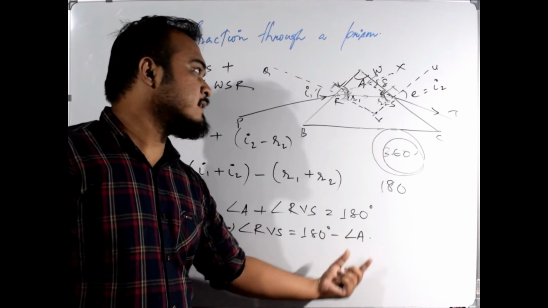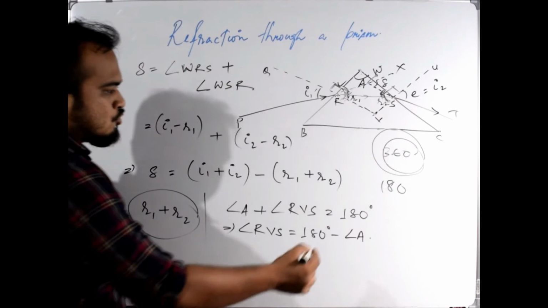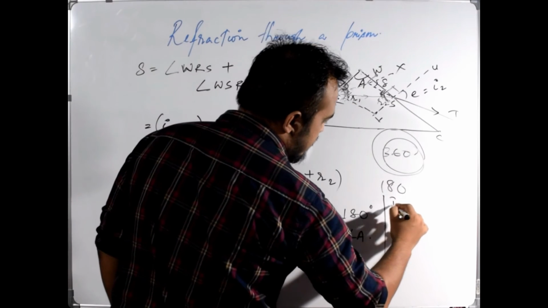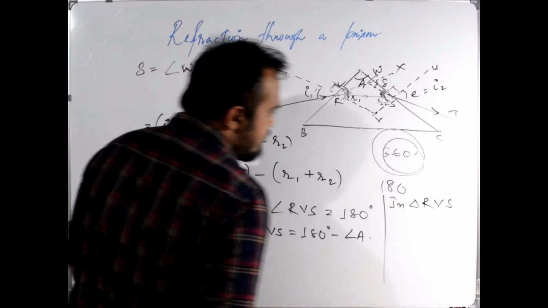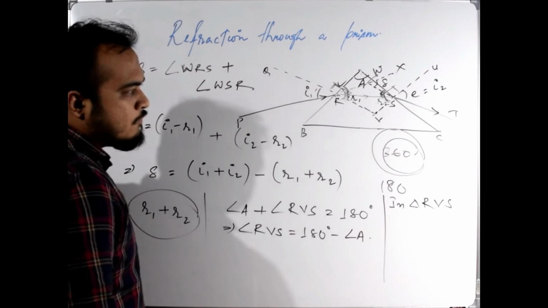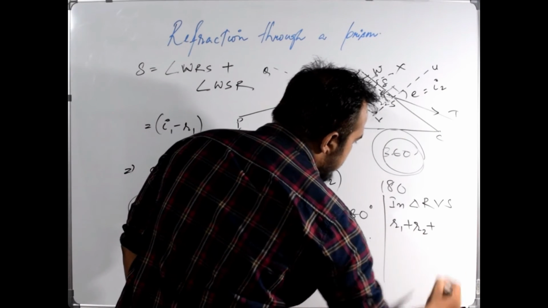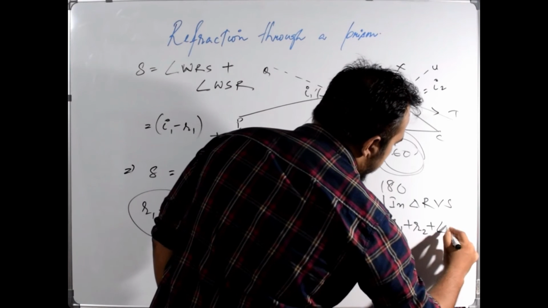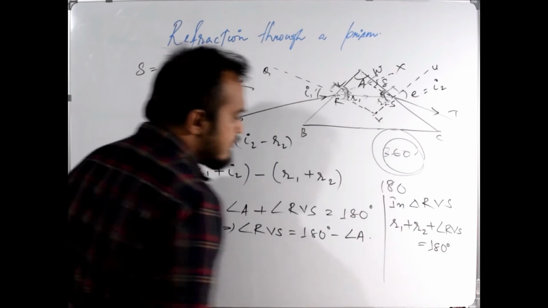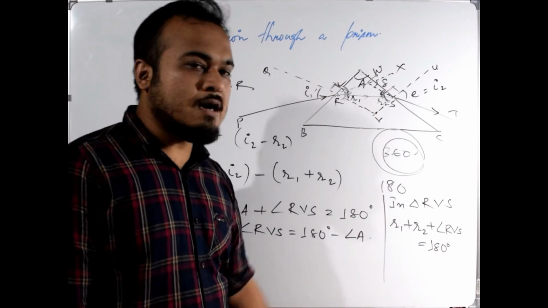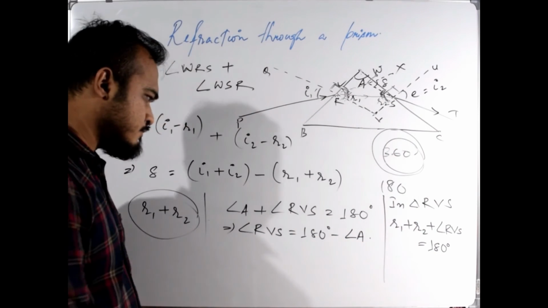Now in triangle RVS, we will see that R1 plus R2 plus angle RVS is equal to 180 degrees.